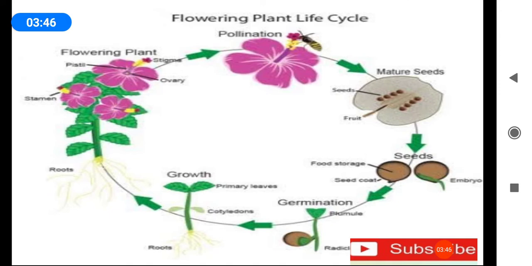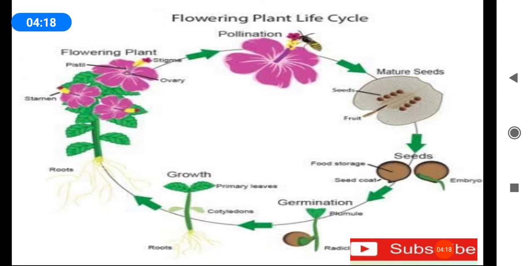In this video, we are going to learn about the life cycle of flowering plants. Already we have seen two ways in reproduction. One is pollination, the second one is fertilization. In flowering plants, the flowers have the important reproductive parts, stamen and pistil. Then pollination takes place in the flowers.